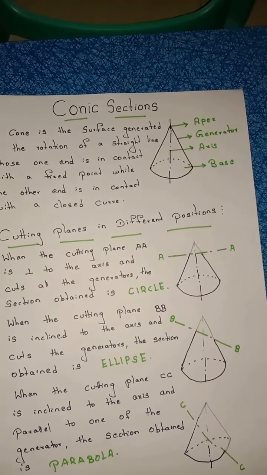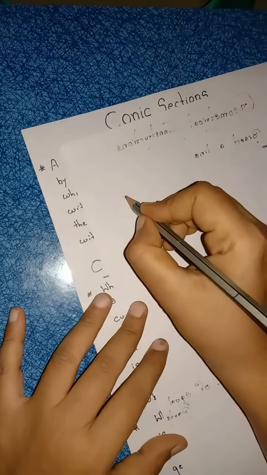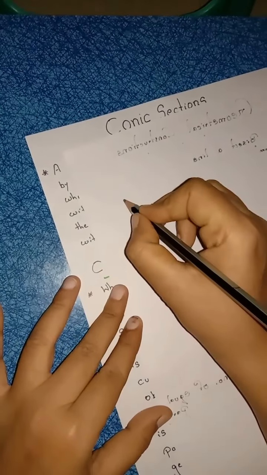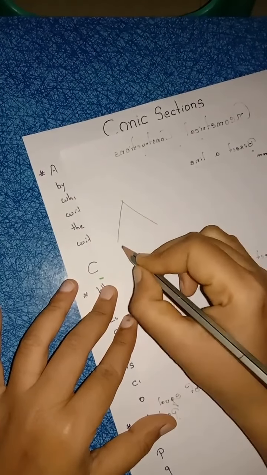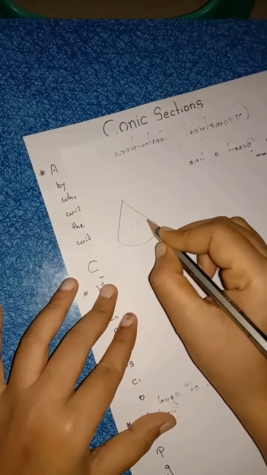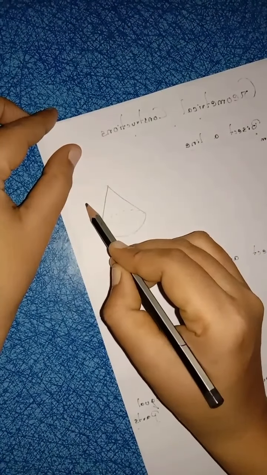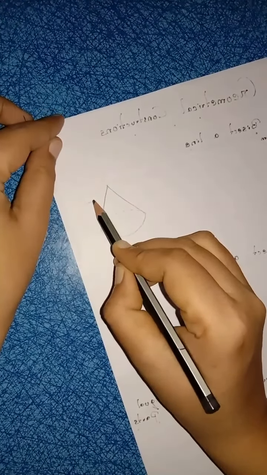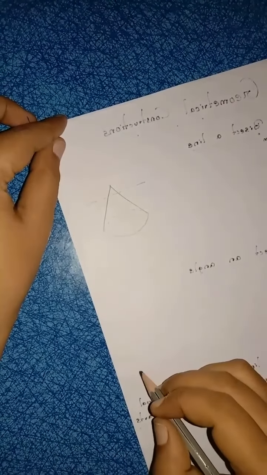Now you see here, I am drawing the shape of the cone. With the help of a cutting plane, I am indicating the cutting plane as large dash, small dash, large dash, small dash, like this.